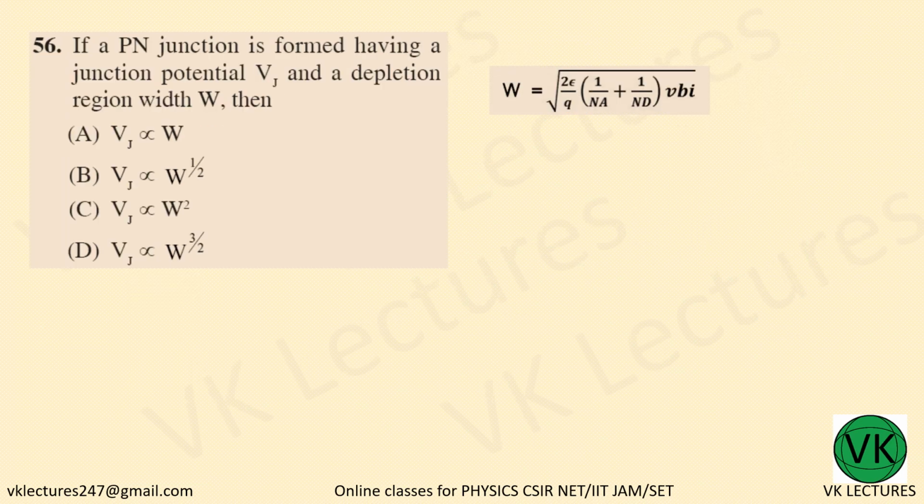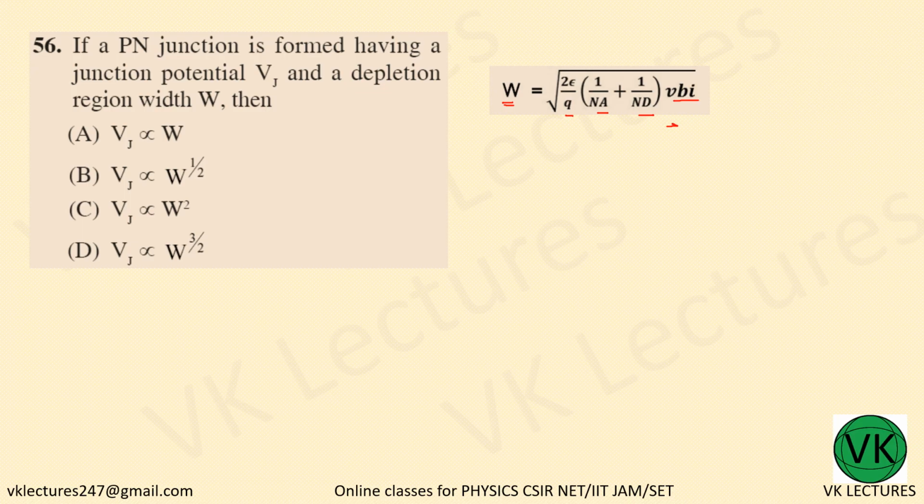Here you have the 56th question, that is, if a PN junction is formed having a junction potential Vj and depletion region width W, that is width of the depletion region, then which of the following is true? That means we have to find the relation between the junction potential and the depletion region. Now the equation is given by W is equal to root of 2 epsilon by q into 1 by Na plus 1 by Nd into Vbi. Now what is Na?